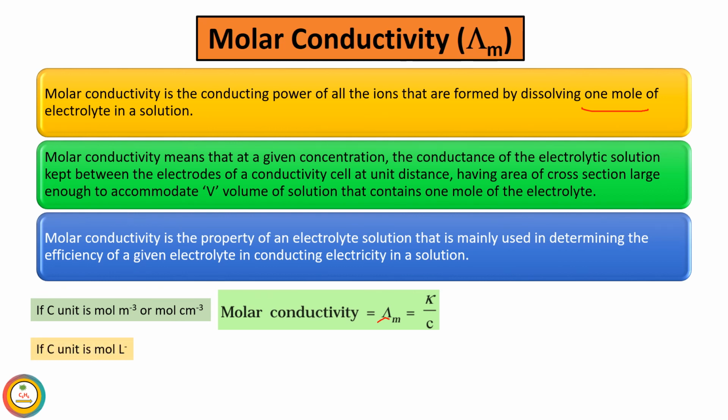If the concentration is given in terms of mole per liter, at that time we use the formula lambda m equals kappa into 1000 divided by c. Lambda m equals kappa into 1000 divided by c.